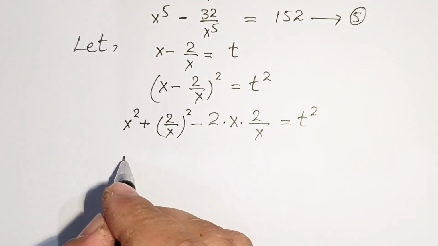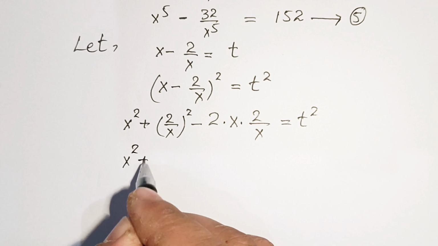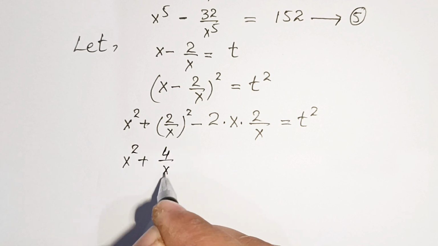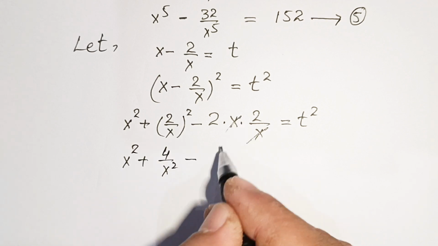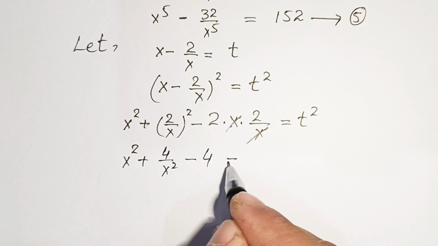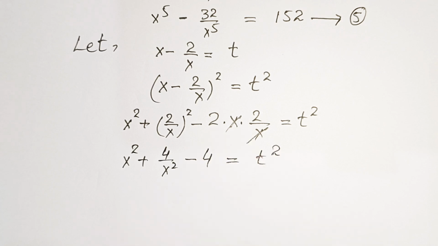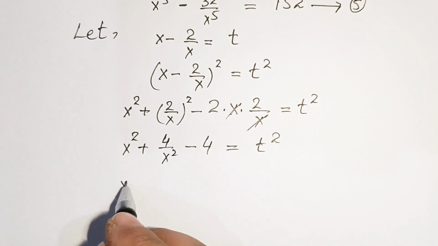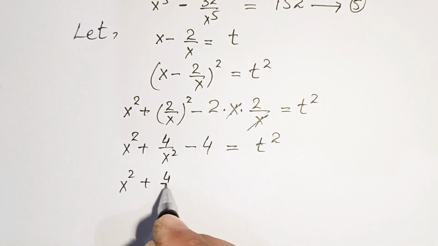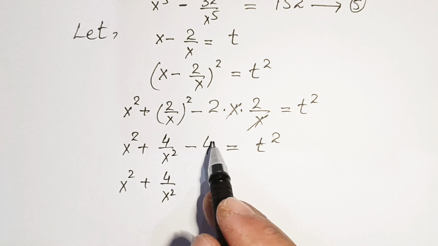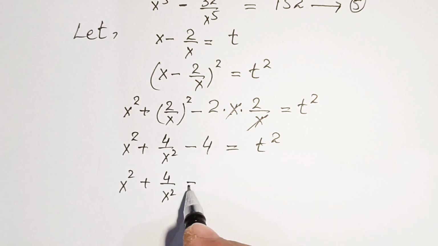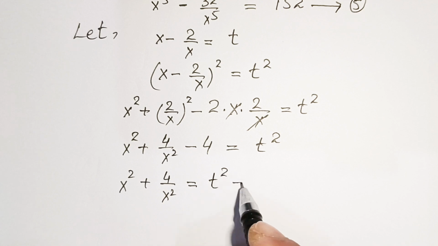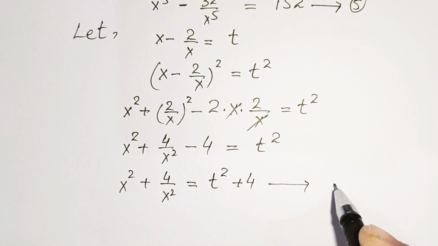Now x squared plus 2 squared is 4 over x squared, and minus x will be cancelled out, 2 times 2 is 4, which is equal to t squared. Now we have x squared plus 4 over x squared. If we shift this minus 4 to our right hand side, we get t squared plus 4. Let's say it is our equation number 6.